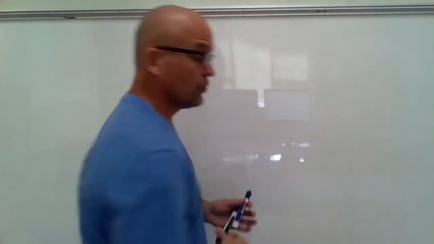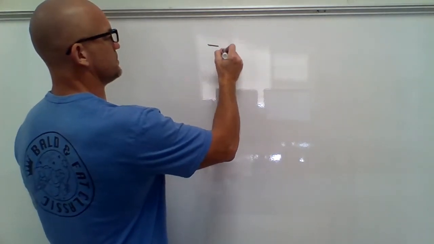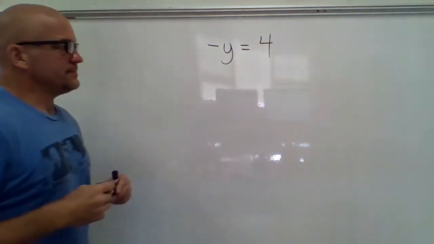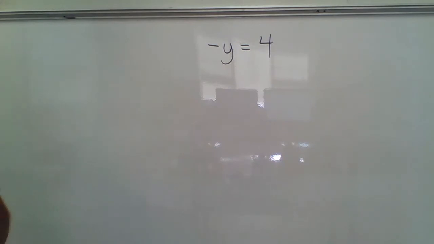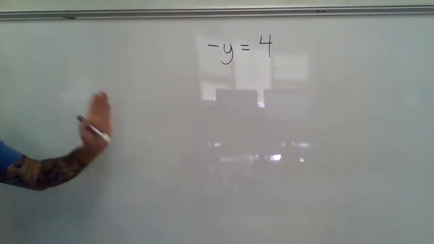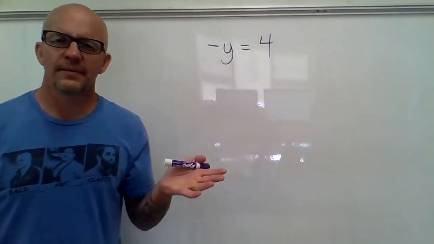I do want to show you one other thing, and that is the situation like this. Let's use y this time. It's something like that. Now, when I look at that, that reads to me as the opposite of y equals 4. So I'm like, whoa, what does that mean?